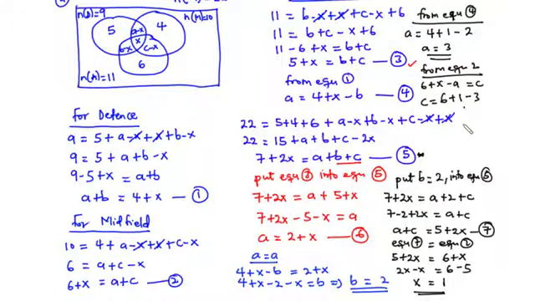So we have c equals 6 plus 1 is 7, 7 minus 3 is 4. So the value of c is 4. Now let's represent all this information on the Venn diagram. So after solving for the unknowns, we had the values of a to be 3, b to be 2, c to be 4, and then x to be 1. Now let's redraw the Venn diagram.